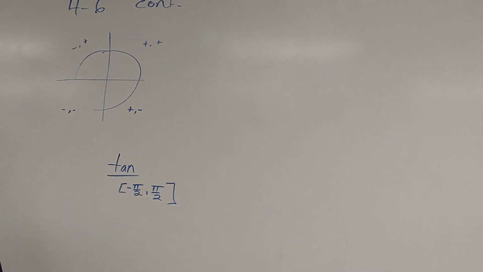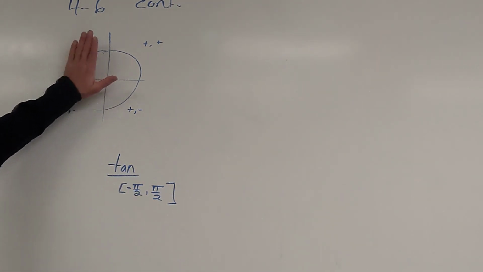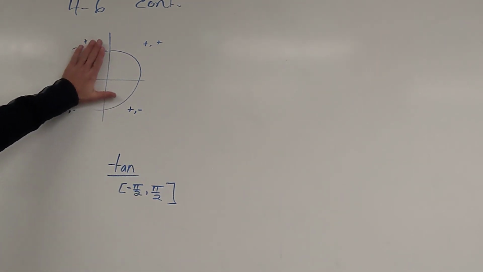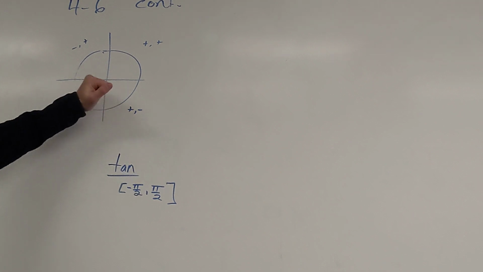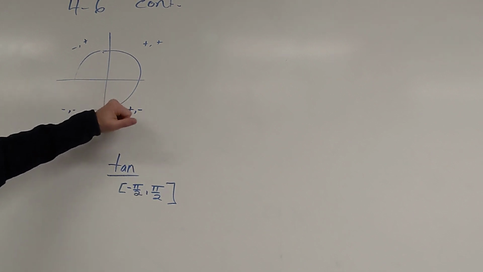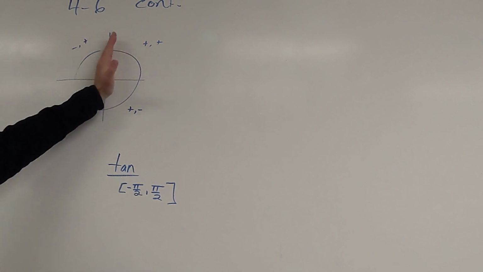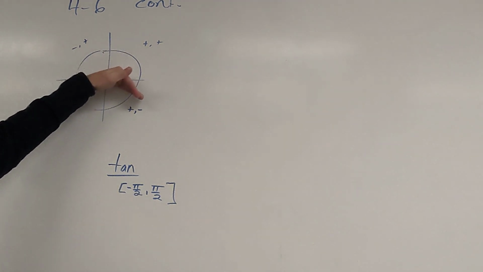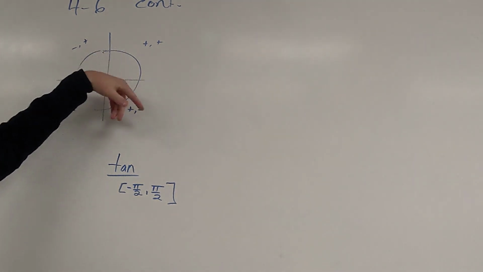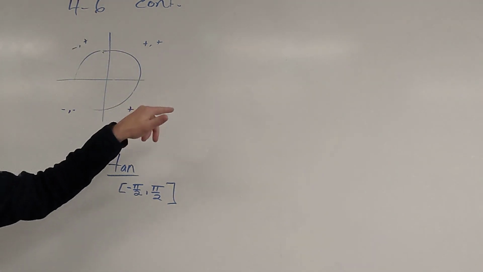We'll talk more about that later when we get to graphing. If I want positive values for tangent, I'm going to be in quadrant 1, and if I want negative values, I'm going to be down here in quadrant 4, again restricted from negative pi over 2 to positive pi over 2. So if I have an angle down here, it's the negative angle, not like 11 pi over 6.